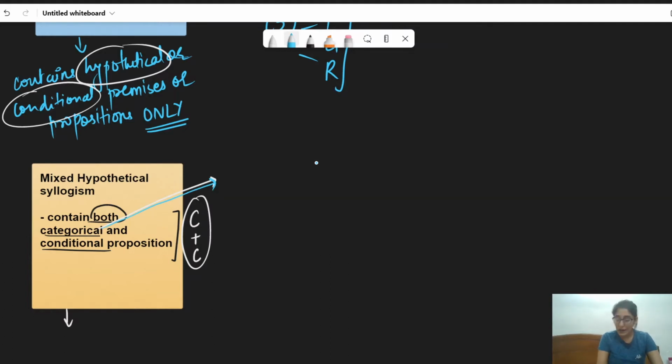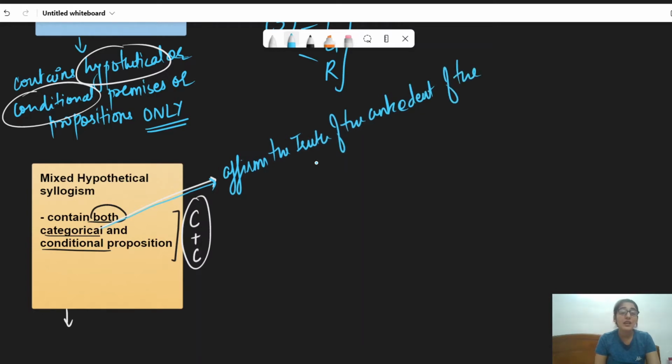The categorical premise affirms the truth of the antecedent of the conditional proposition, or the hypothetical premise.